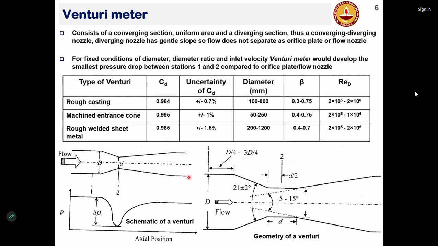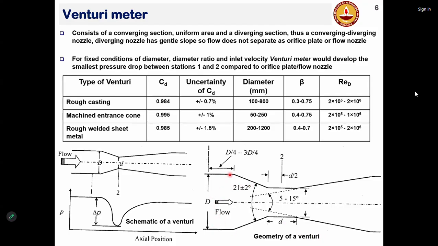And a detailed construction geometry of a typical venturimeter is shown here. So you have the diameter D, which matches the tube diameter. And the length of that section, which matches D, is about D by 4 to 3D by 4. And these are typically the ASME standard venturimeter.